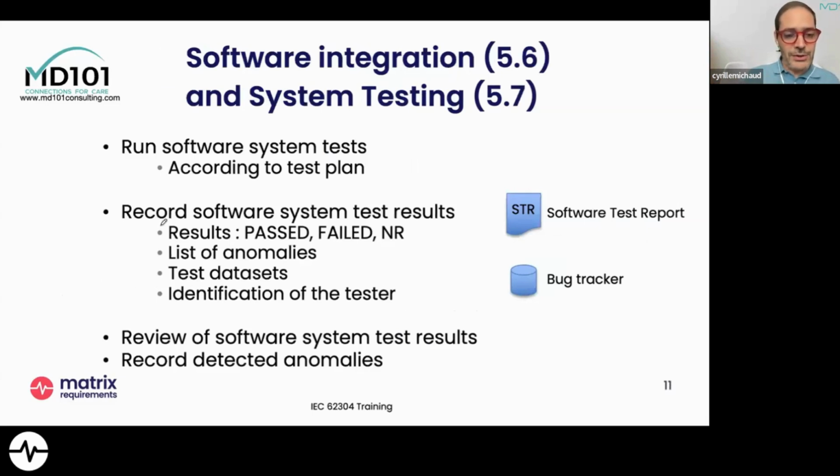The standard is quite prescriptive here. We have to define the results with something like passed, failed, not run, for example, something objective. The list of anomalies attached to each test case, the data sets used, and the identification of the tester who performed the test.